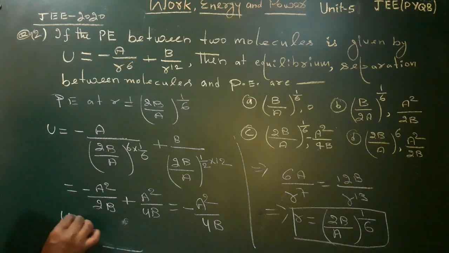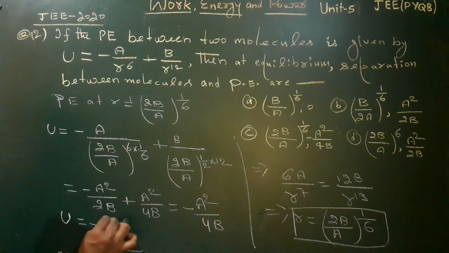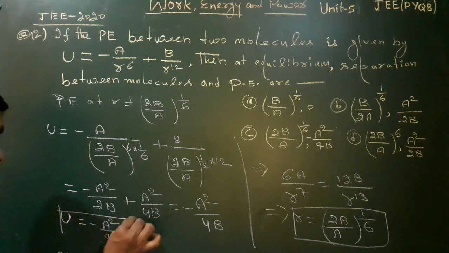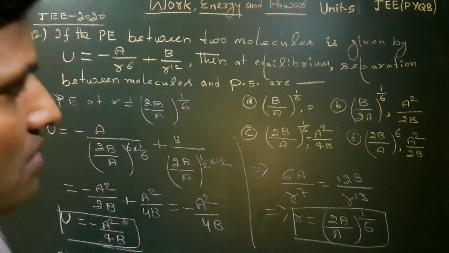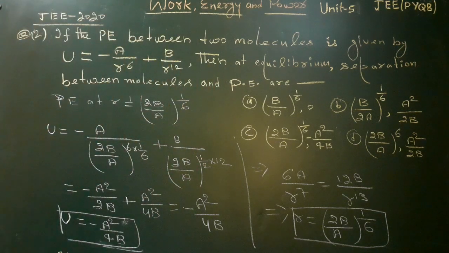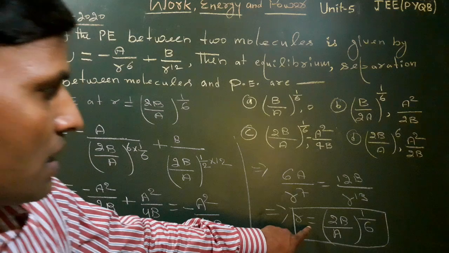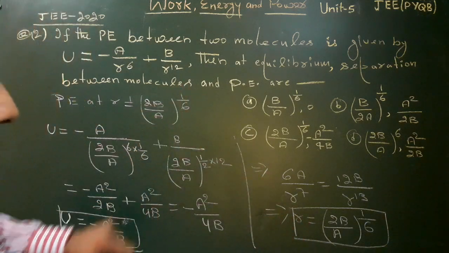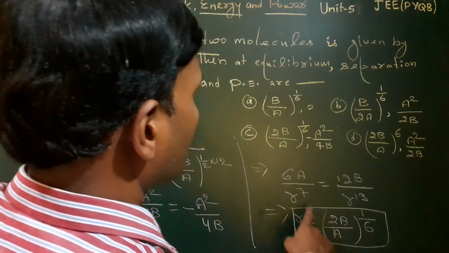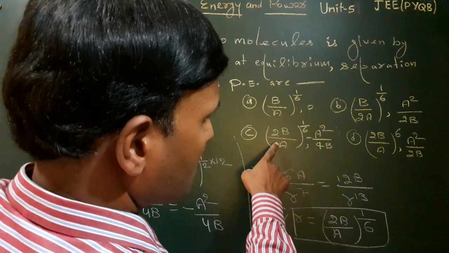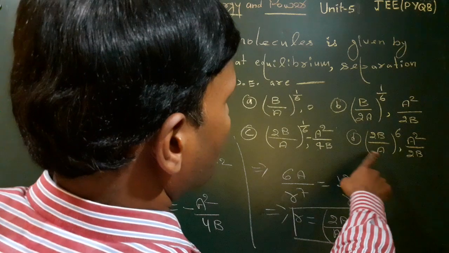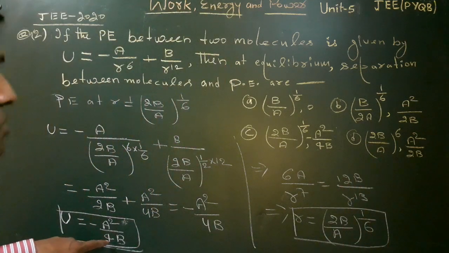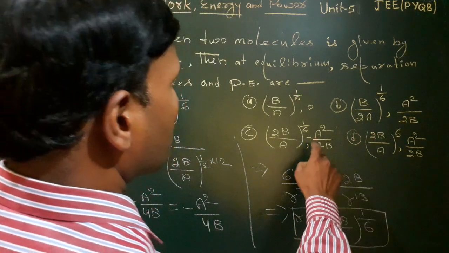So this is the potential energy, minus A square by 4B. There is a bit of calculation, but this is a straightforward question. Now you got the potential at R at equilibrium.